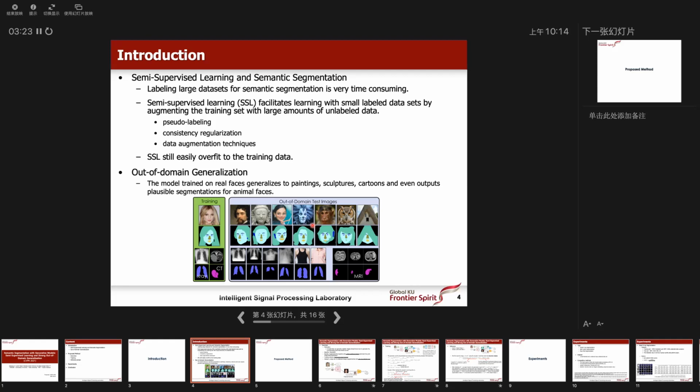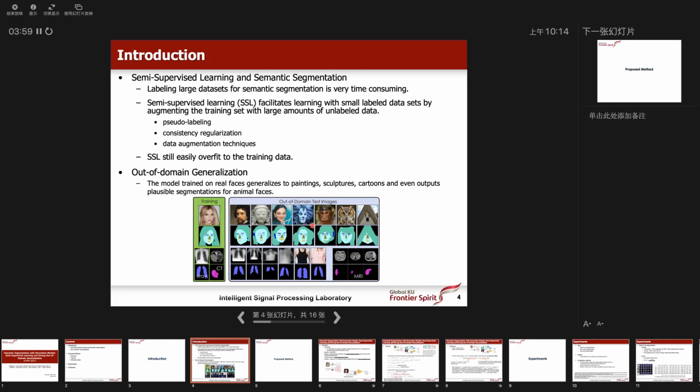And consistency regularization is similar to the teacher-student strategy. We can enforce some constraint on the model by using consistency regularization of the output of the labeled data and unlabeled data, so that the model improves.